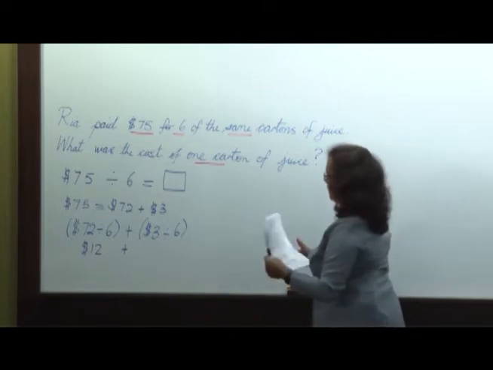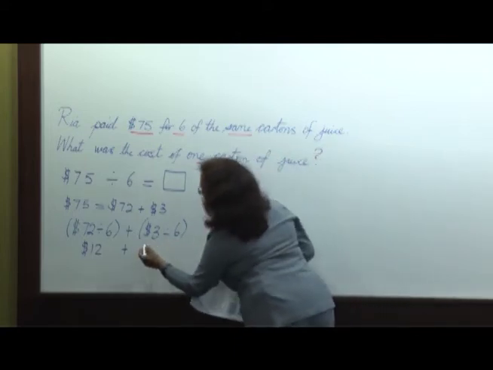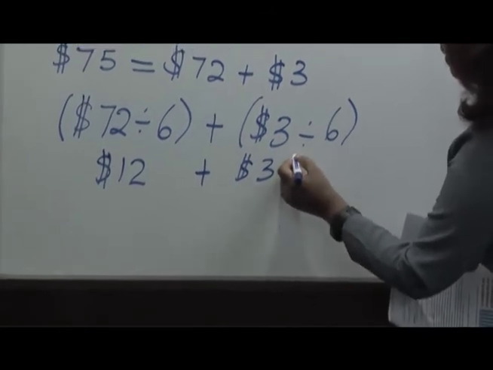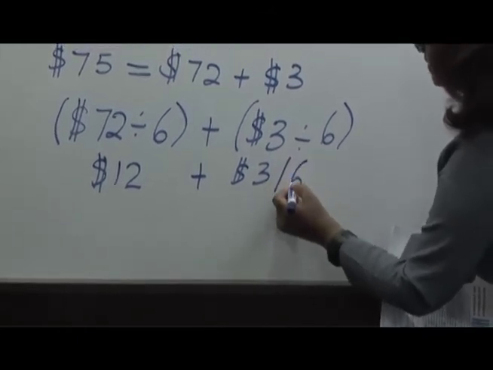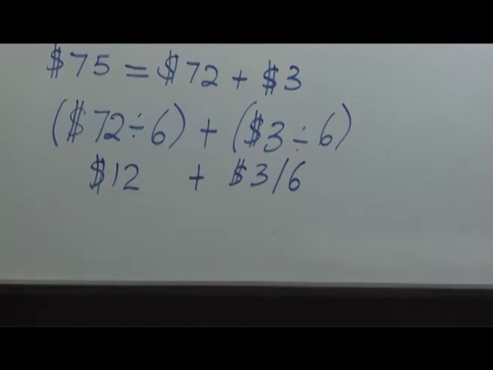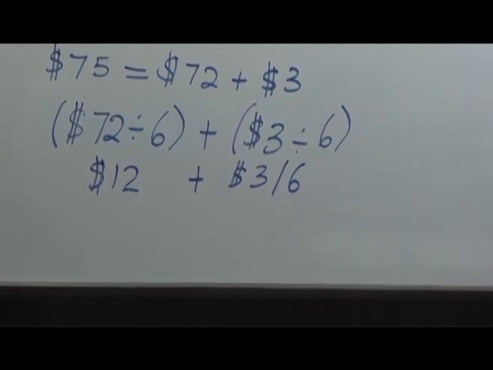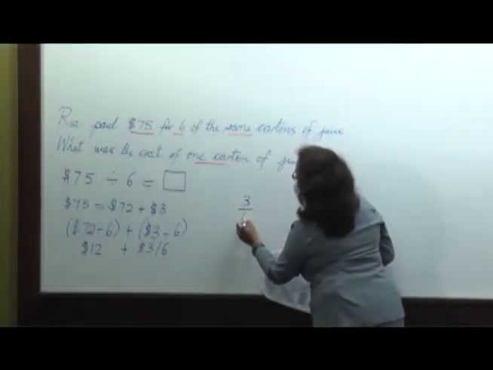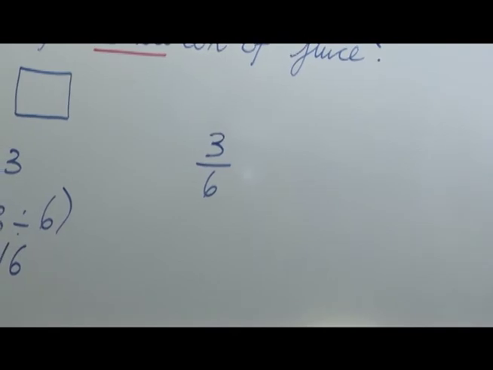So I am dividing $3 by 6. So I have written it as 3 over 6. Now if I come here and I write 3 over 6, what is 3 over 6?